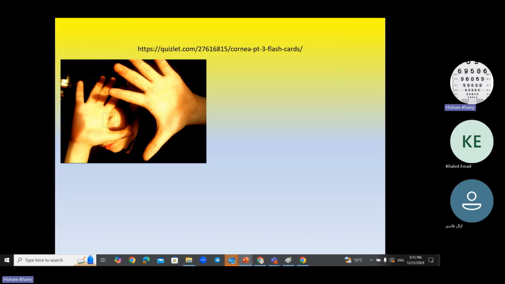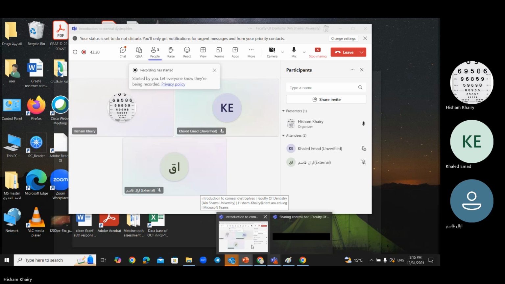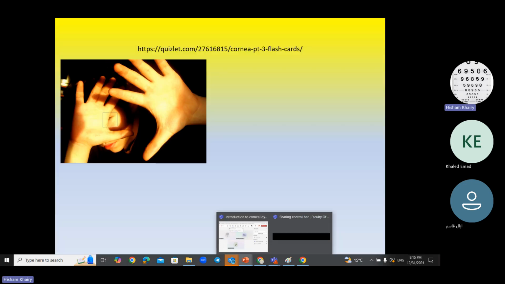So the first quiz is: what is the most common corneal dystrophy you'll meet, or you'll see in your clinic?